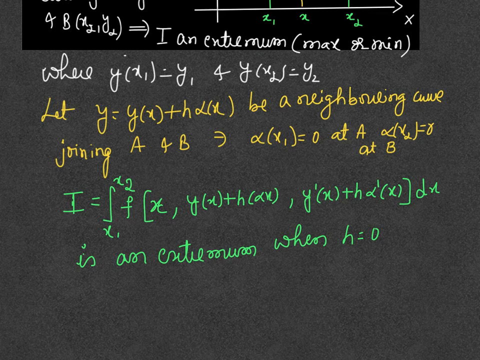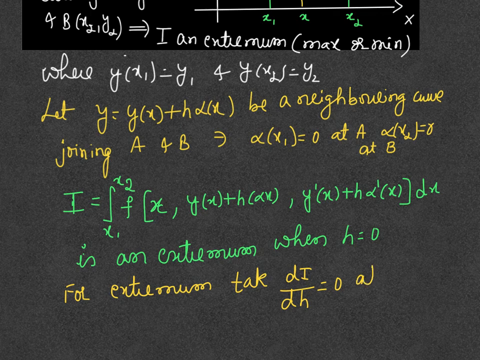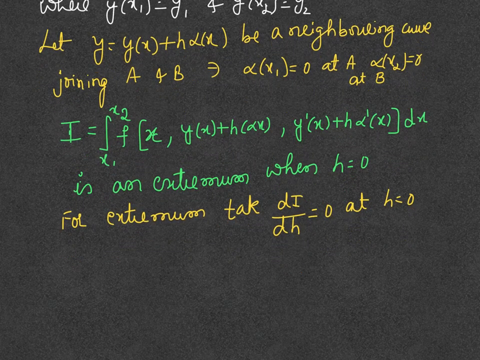For extremum, we take dI by dh equal to 0, because I depends on h, at h equal to 0, treating I as a function of h. So therefore we can write our result dI by dh, differentiating the above equation.